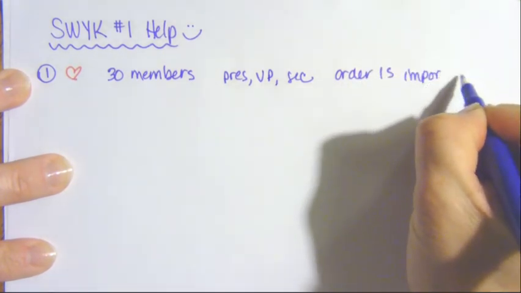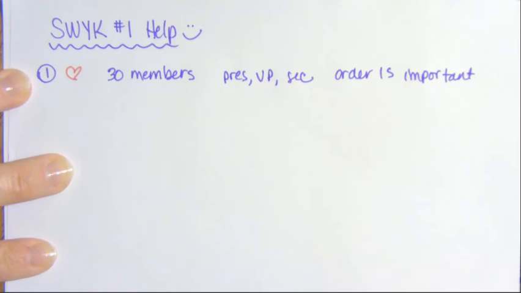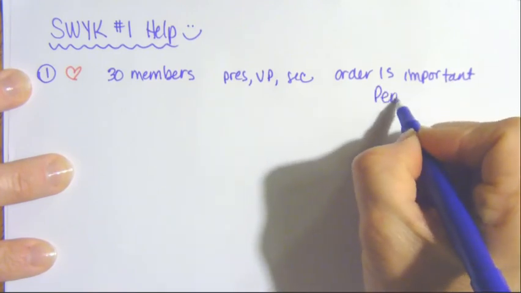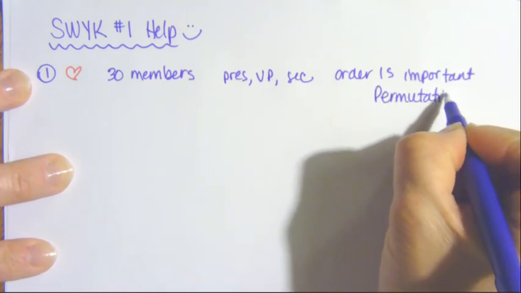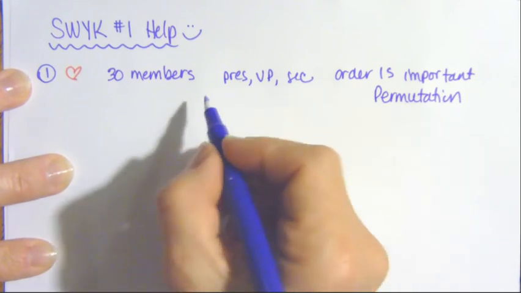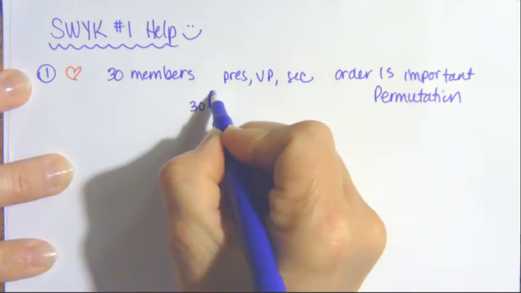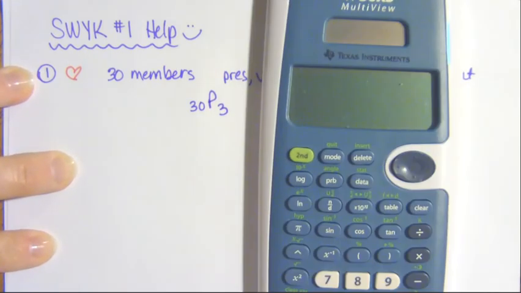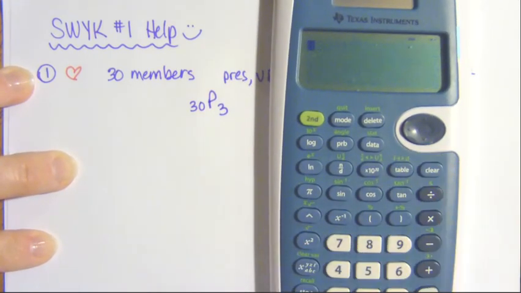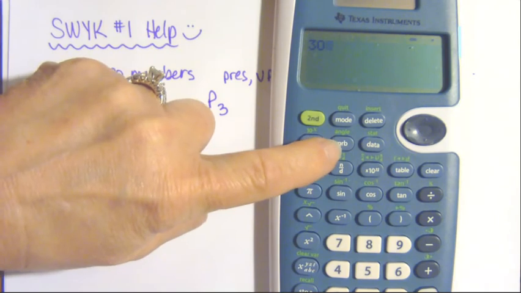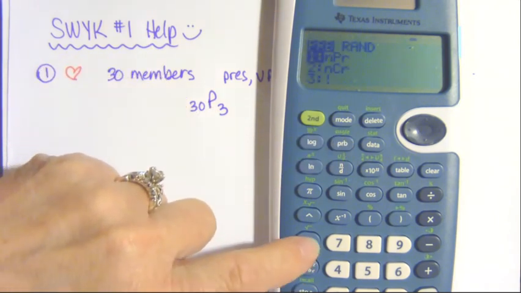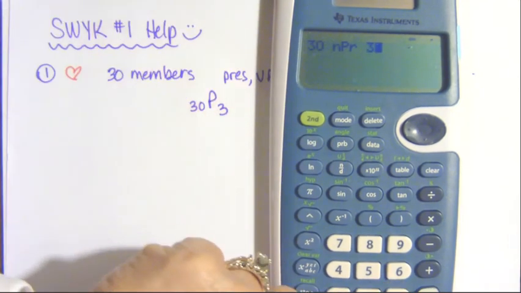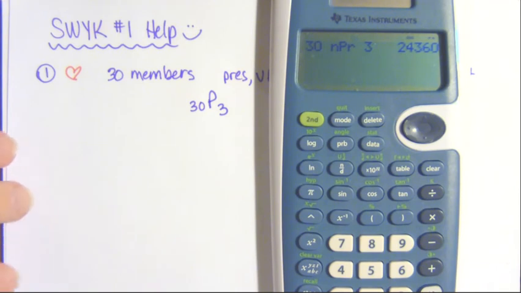So that makes it a permutation. And that means that I would do 30P3. And on the calculator, I would type 30, I'd hit the PRB button right here. There's a P and then a 3. I'd get a pretty big number.